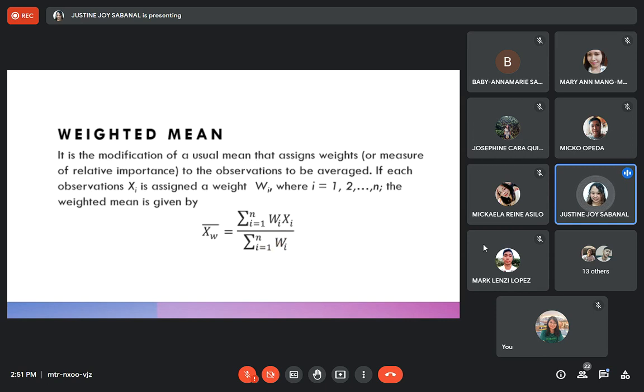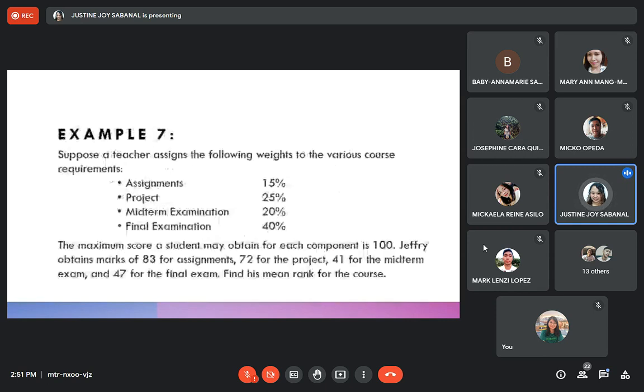For example, suppose a teacher assigns the following weights to the various course requirements: assignment, 15%; project, 25%; midterm examination, 20%; final examination, 40%. The maximum score a student may obtain for each component is 100.